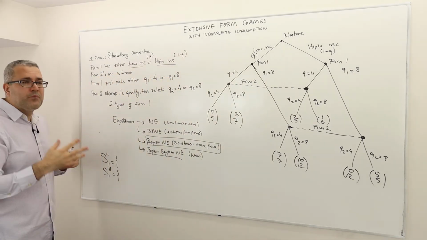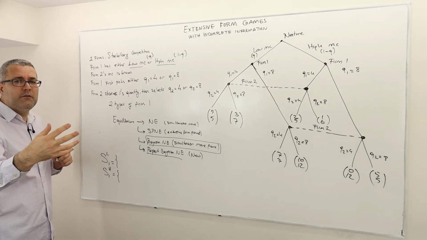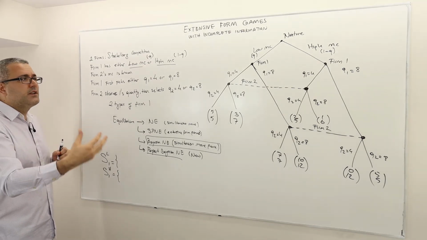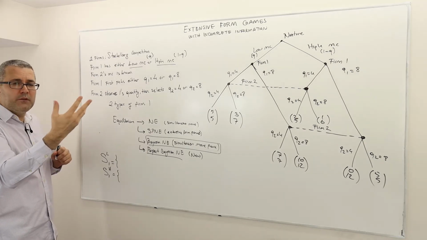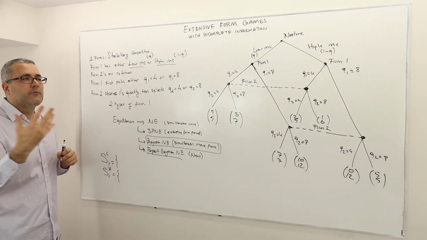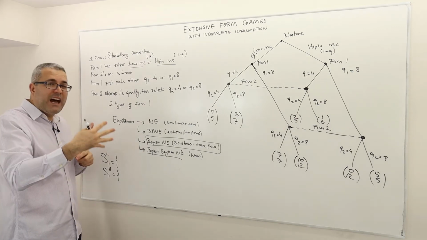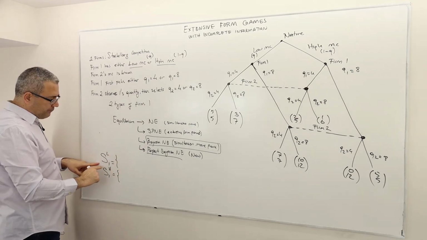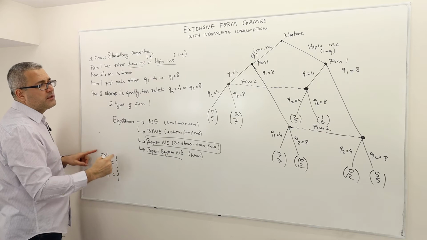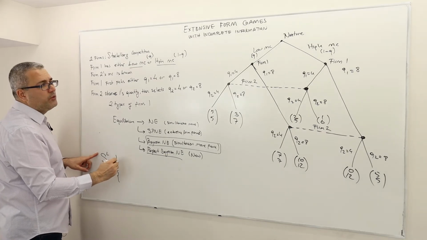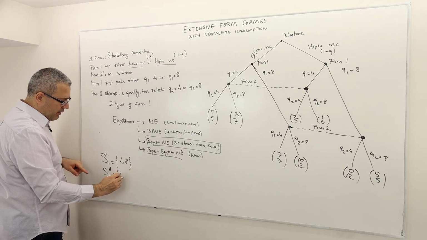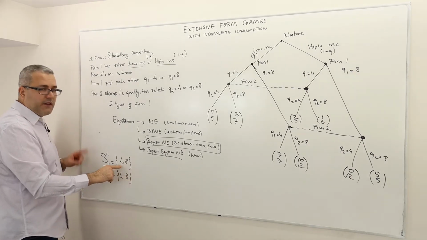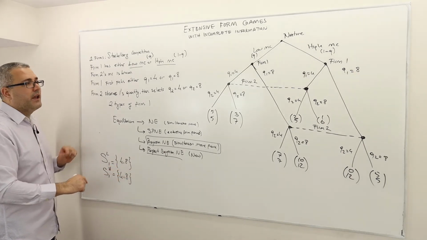But nevertheless, when we talk about a strategy profile, we should assign a strategy not only for low type, but also for high type, because both of them are possible. All right? Both types are possible. So here, the firm 1's strategies, I'm going to name those strategies 4 and 8. And you understand what I mean by 4 and 8: the quantity level is 4 or the quantity level is 8.